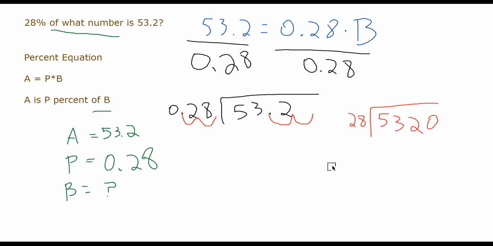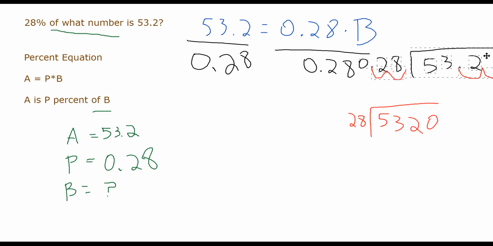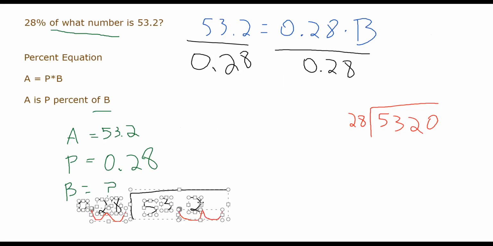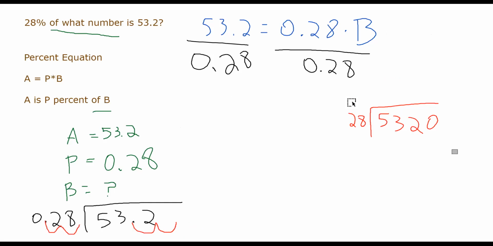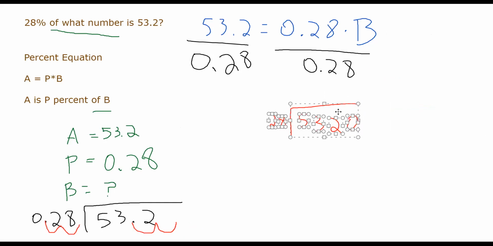All right, so let's do it. Let me move things around so I can have some space. Let's do the division. 28 won't go into 5. It'll go into 53. It'll definitely go in at least once. It might go in twice. So let's see, 28 times 2 is 56, which is a bit too much.